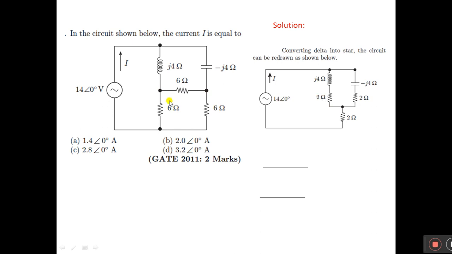When you convert delta to star, there is no need to calculate using the formula. The simple idea: if all the resistor values are the same, you can directly divide by 3, right? If you want to convert star to delta, you just directly multiply by 3 if all the resistors are equal.